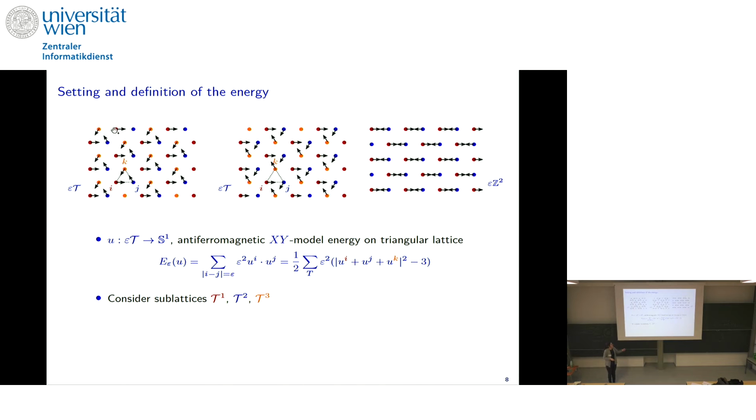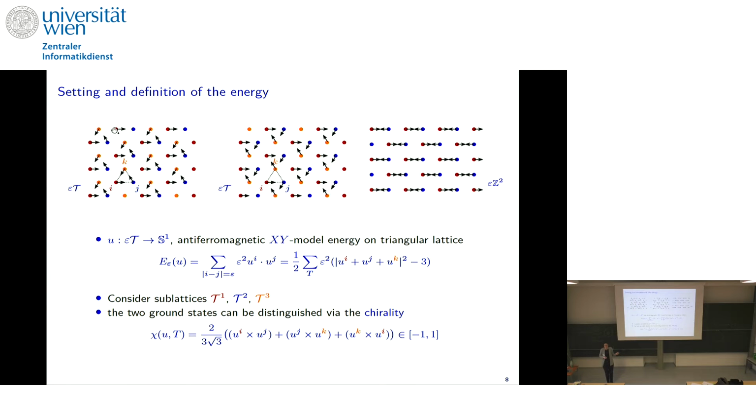Okay. So now we have 2 families of ground states, and we also have a quantity which can distinguish between the 2 ground states, which is the chirality. It's simply, let's say, the cross product between going from I to J, from J to K, and from the K sublattice to the I sublattice.